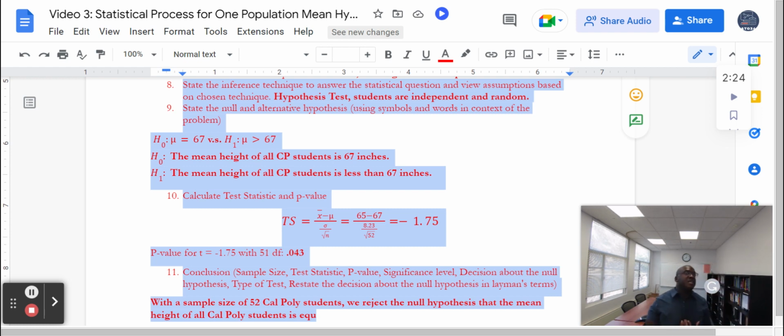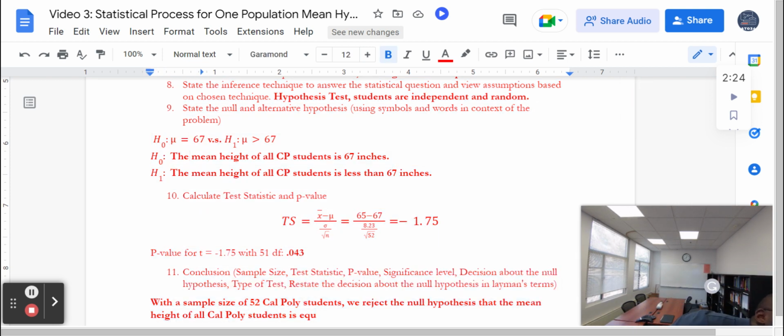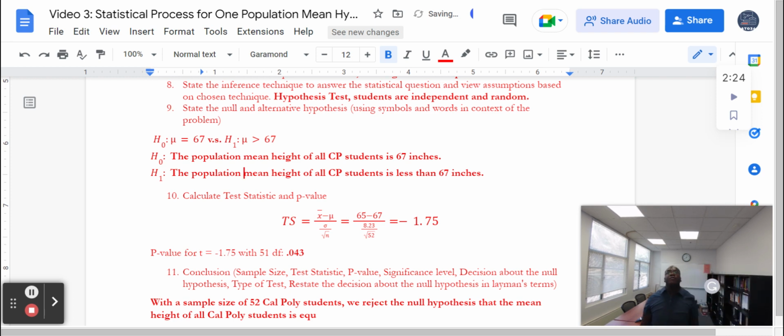That indicates to me that you understand the actual symbolization. So you need to be able to explain it in words. And look, I made a mistake. It should say the population mean height of all Cal Poly students. Make sure you're able to articulate that in words.